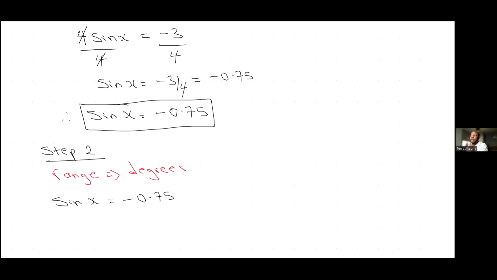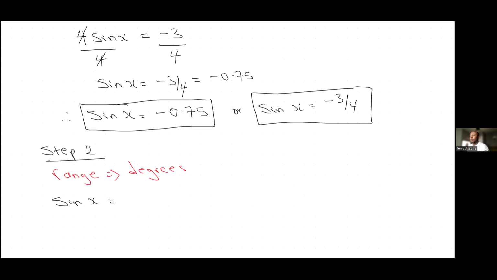Okay, because with decimals you have to round off for the degree of accuracy. So I can write sine x is equal to minus 3 over 4. Okay, but because of accuracy, I prefer to use minus 3 over 4. Is that okay? So I'm going to use minus 3 over 4. So sine x is minus 3 divided by 4. Okay?